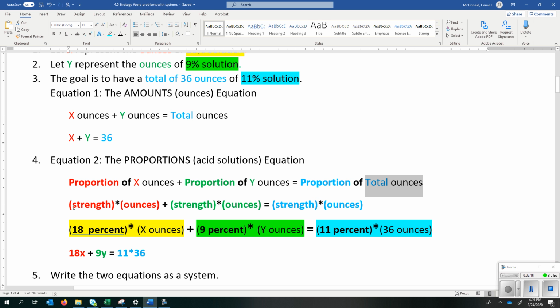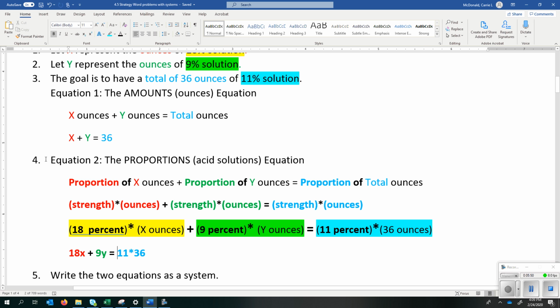So we set that up as strength times ounces plus strength times ounces equals total strength times total ounces. So we have 18% times x ounces, 9% times y ounces should give me a total of 11% strength times 36 ounces. So simplified, that's 18x plus 9y equals 11 times 36.